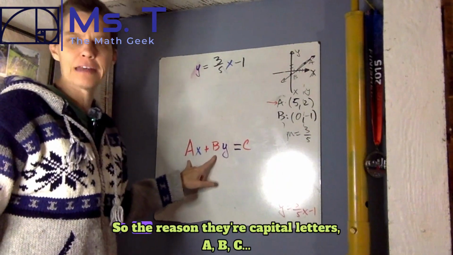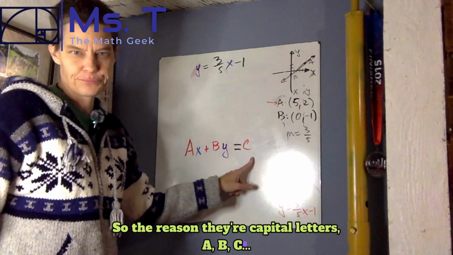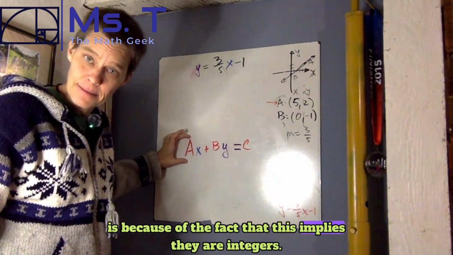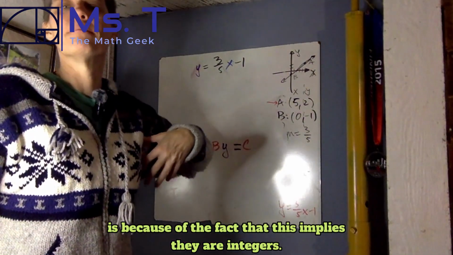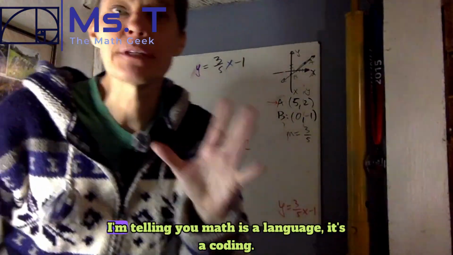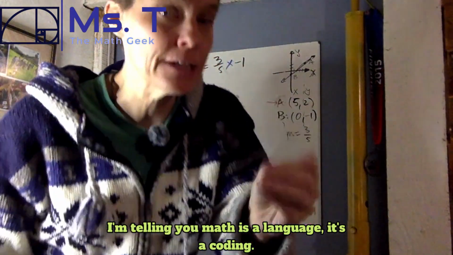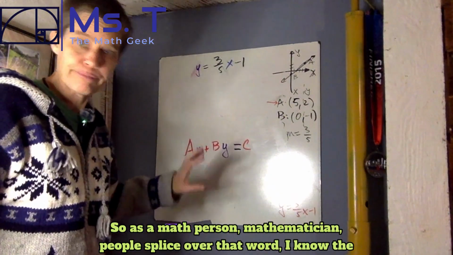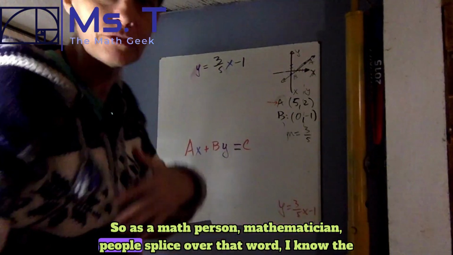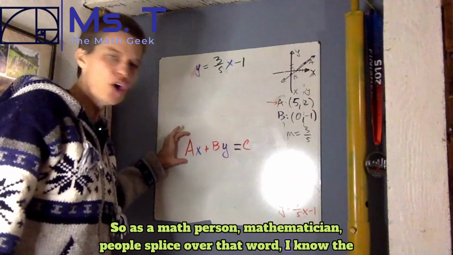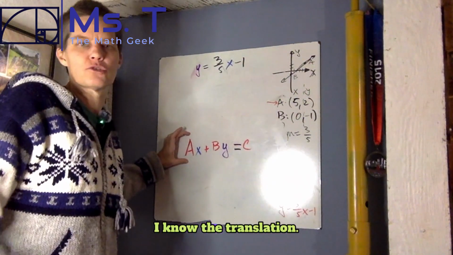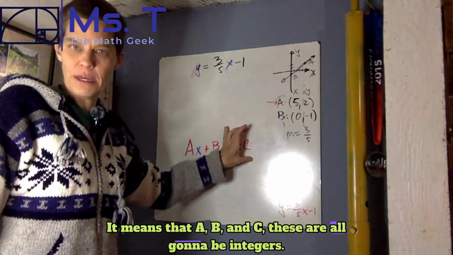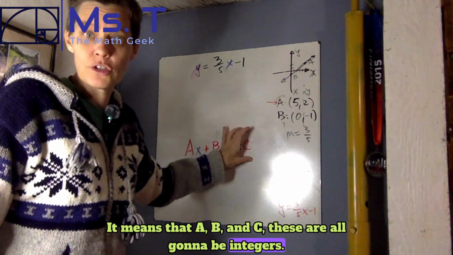And the reason they're capital letters, A, B, C, is because this implies they are integers. I'm telling you, math is a language. It's a coding. As a mathematician, I know the code, I know the translation. It means that A, B, and C are all going to be integers.